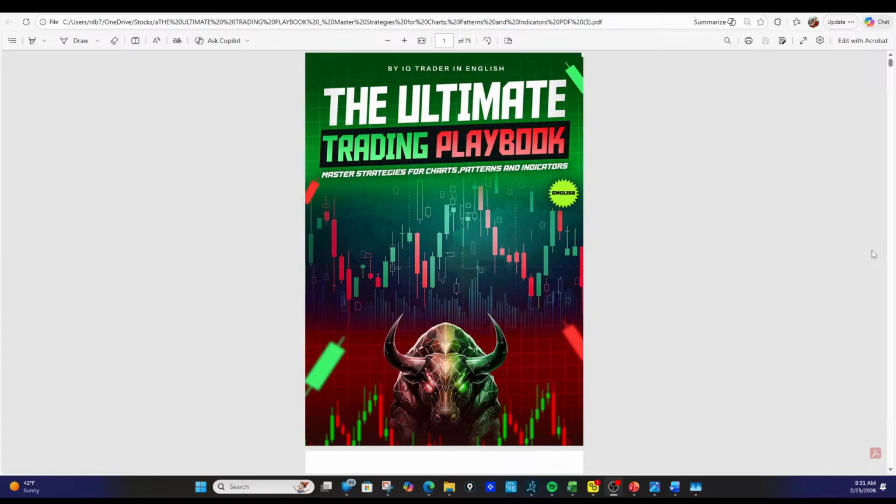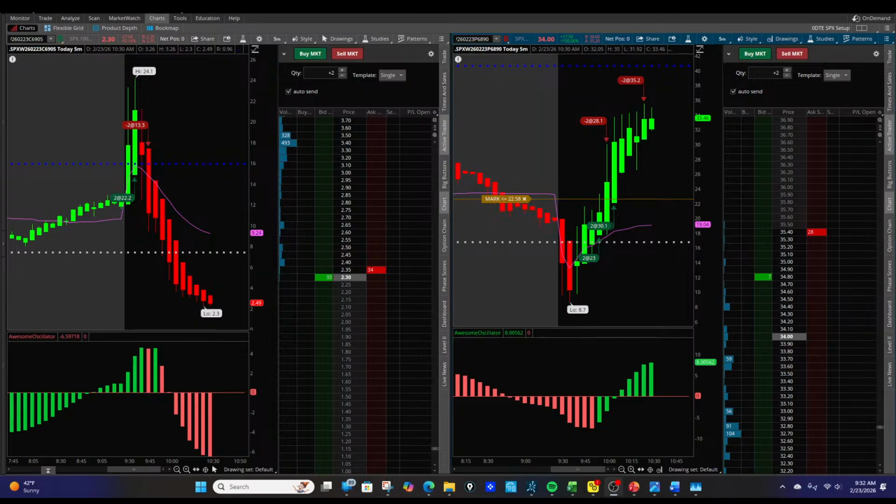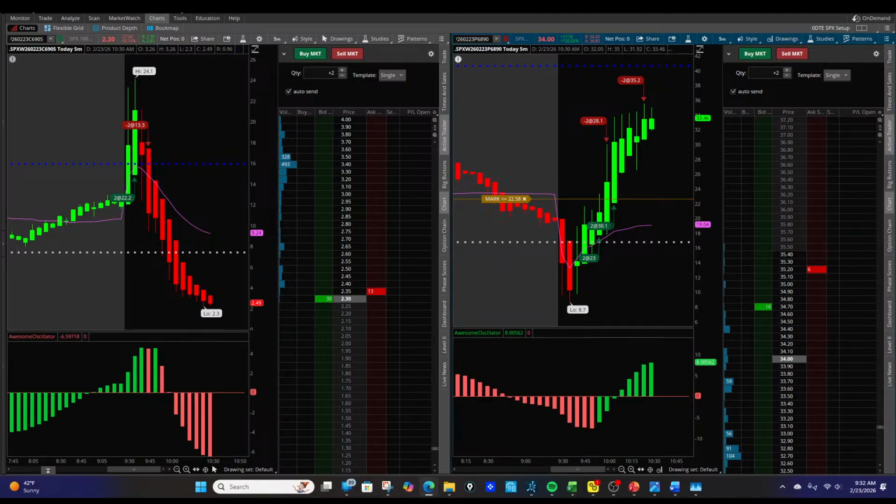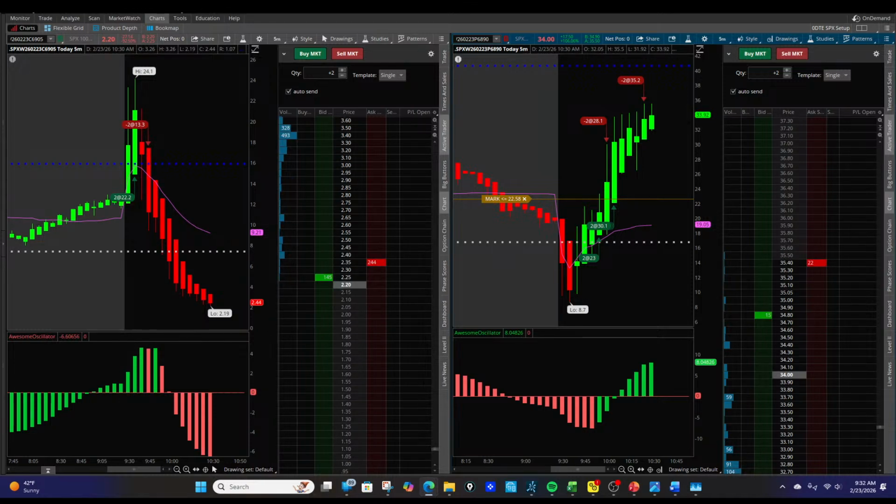It's very easy to read and understand. And like I say, I found it online. It's by IQ Trader in English. So IQ Trader. I guess it's in many other languages. But it's been helpful for me because it's kind of like a review of the stuff that I already really knew about the stock market. And just gives a lot of good information, I think.